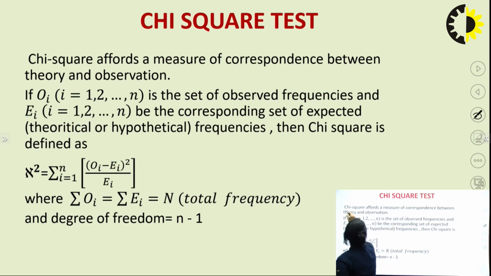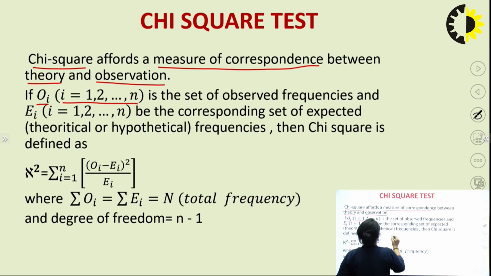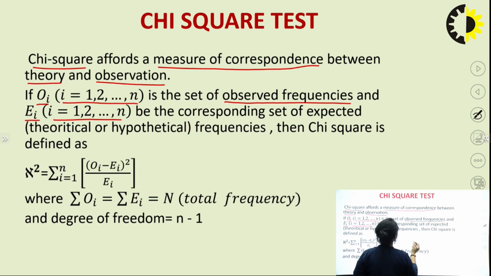Chi-square affords a measure of correspondence between theory and observation. So if O_i, where i goes from 1 up to n, that means n observations are there, is the set of observed frequencies, and E_i, again i taken from 1 up to n, that means expected frequencies are also n in number, the same as that of observed frequencies.